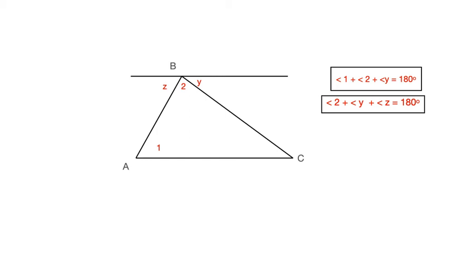I've moved those two equalities up here so they are in a position where we can do a little algebra. Let's say we want to subtract the second equation from the first equation. You might already be able to see that angle 2 and angle y will be eliminated if we do that subtraction.